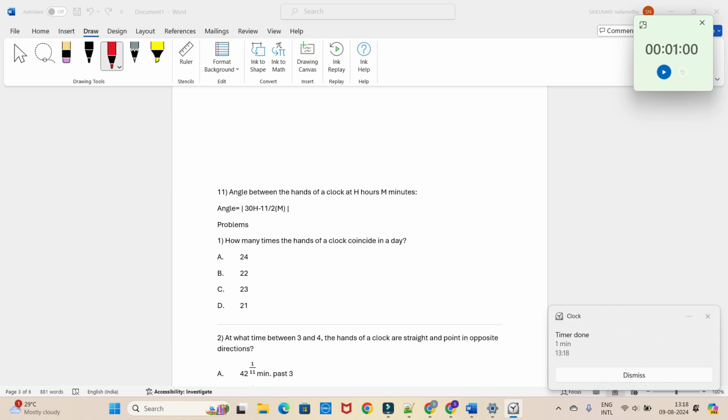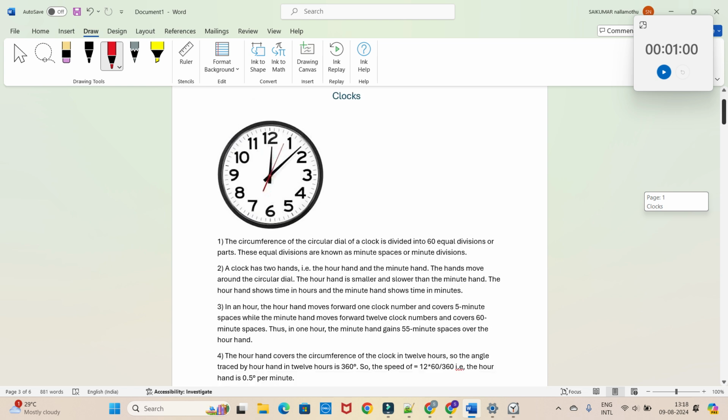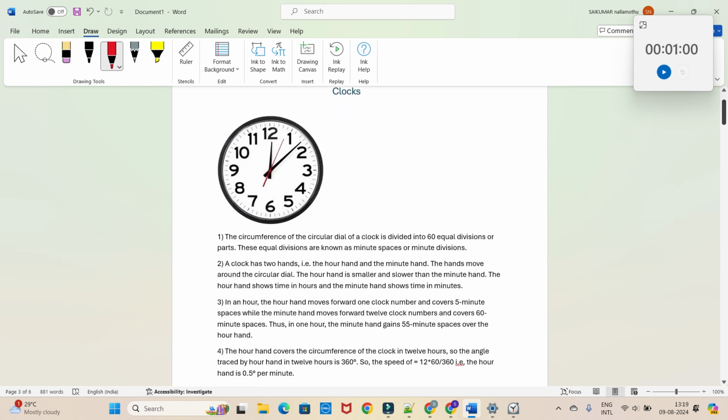Time's up. If you're not able to solve it before that, please take the screenshots. I'll keep it for 10 seconds like that. You can take screenshots one after the other. Hopefully you have taken it.